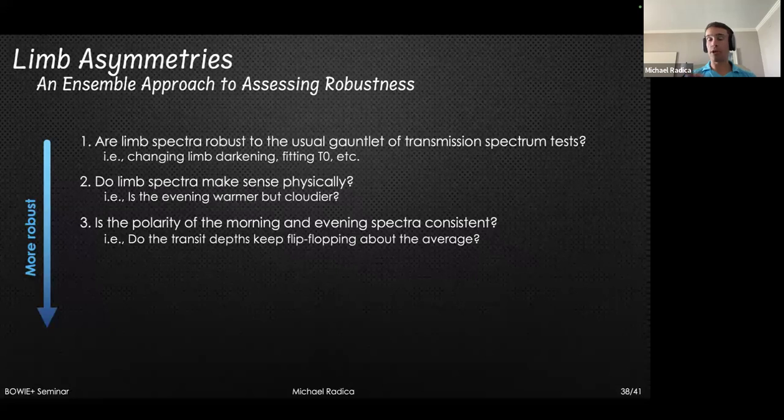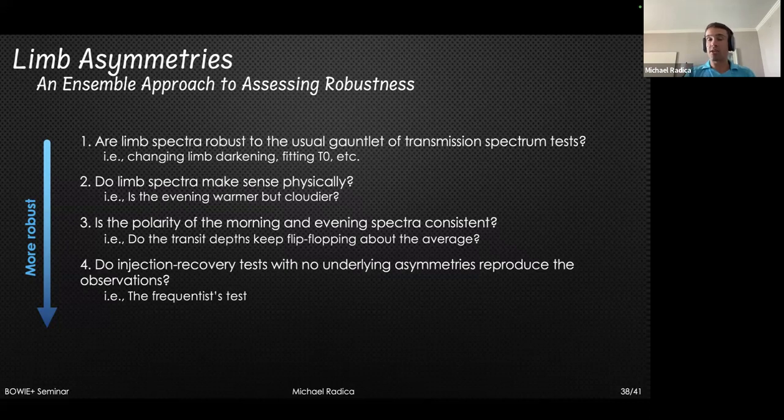Thirdly, is the polarity of the morning and evening spectra constant, or does it constantly flip-flop back and forth? If you're constantly finding that the evening has a deeper transit than the morning, this is more likely to be true than if they're basically overlying each other and the points for the morning and evening are constantly flip-flopping back and forth. Finally, we can start doing some much more robust statistical tests.